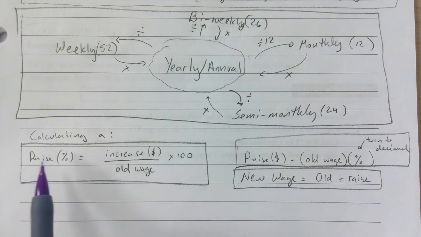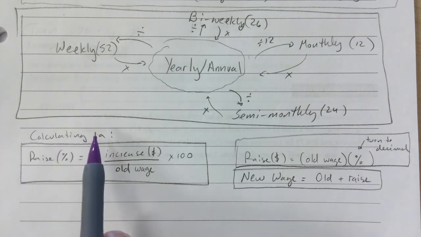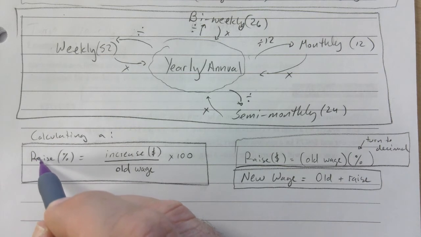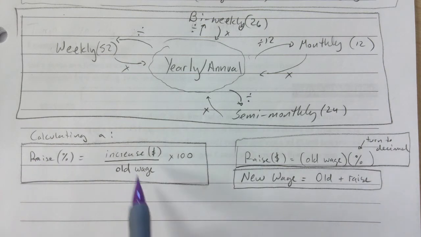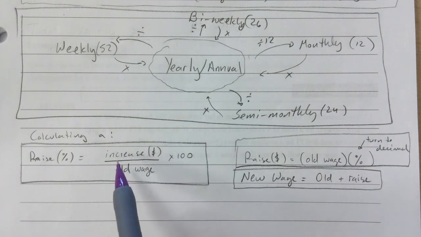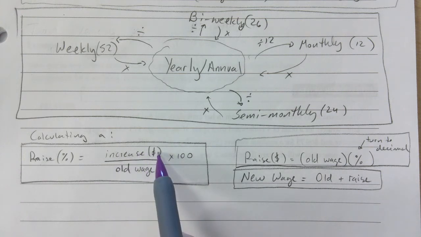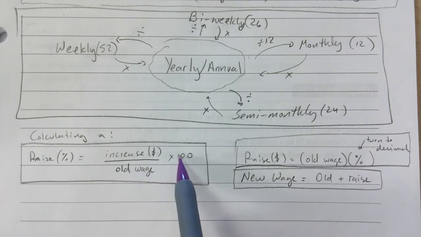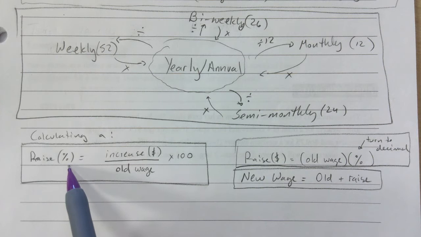We will also soon, we haven't done this yet, calculate a raise. If you want to know the raise as a percentage, this is how you would do it. You find the increase in dollars, divide it by your old wage, times 100, and make sure you have a percent after it.